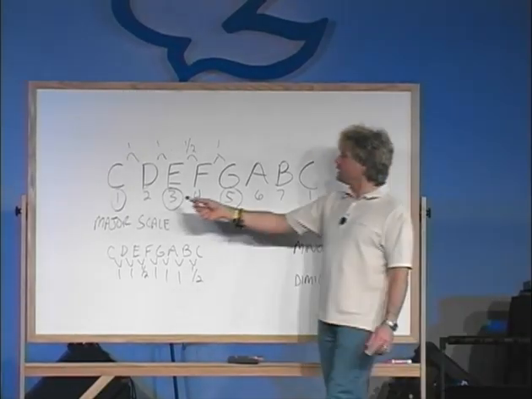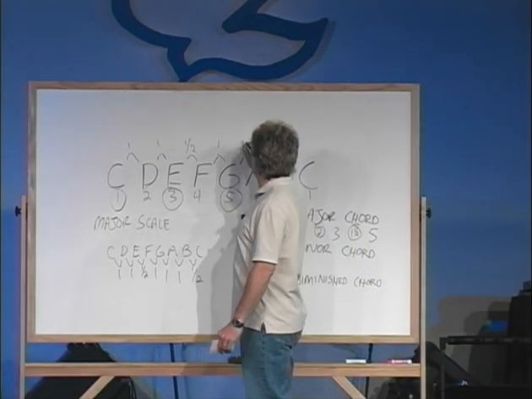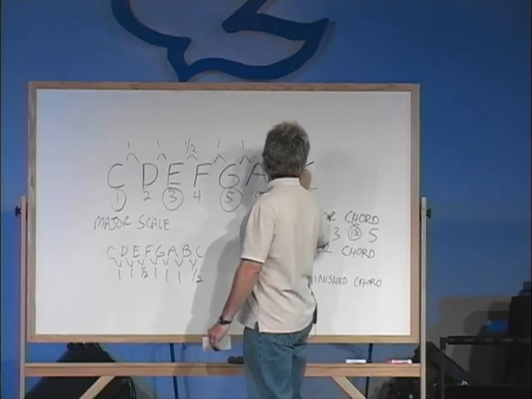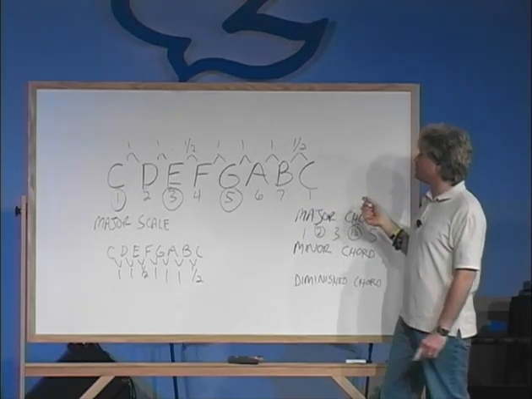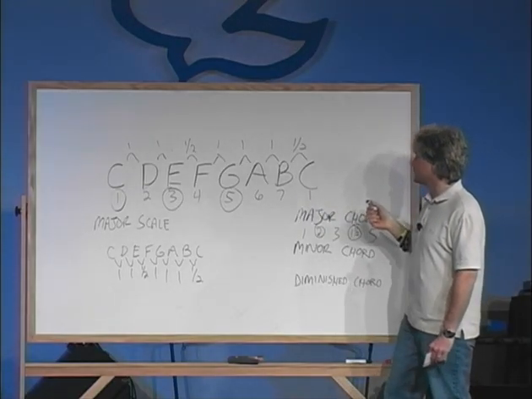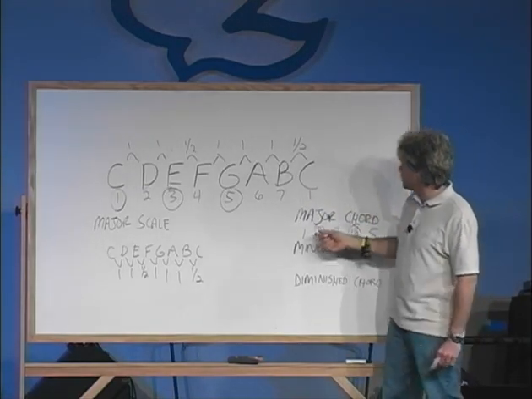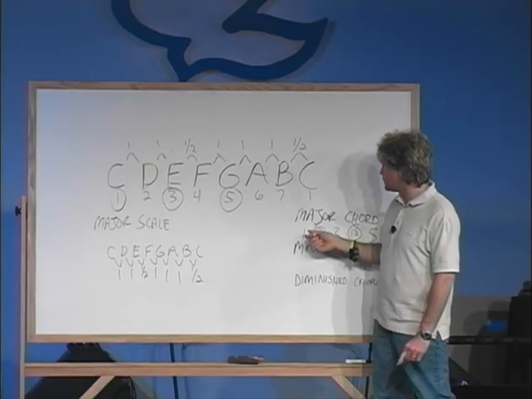So if we look at any other chord in here that we can build out of here, we're going to notice a pattern that's going to quickly emerge. Okay? So, and again, this is the root note of the chord.